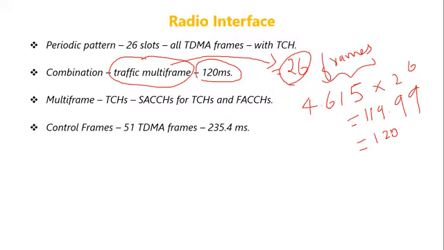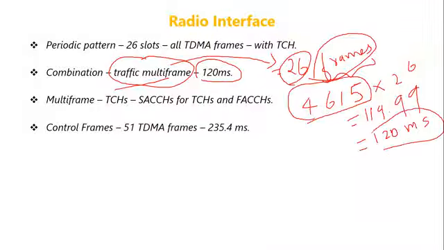So the point is 26 frames put together form one multi-frame, where the length of each frame is 4.615 milliseconds. All these 26 frames put together have a duration of 120 milliseconds.